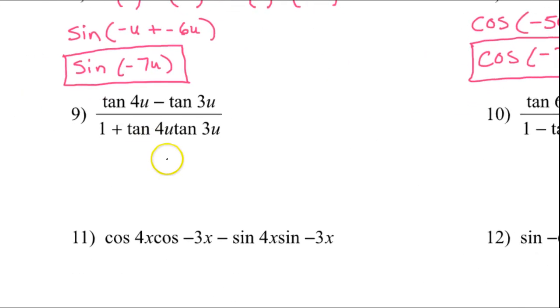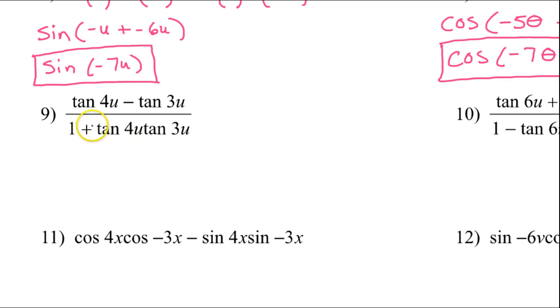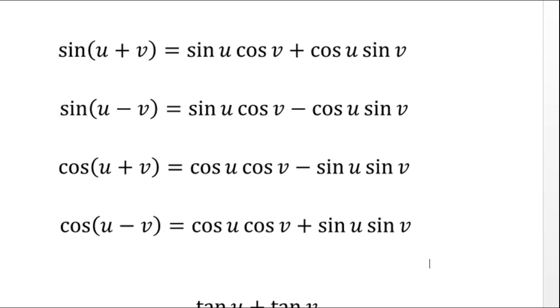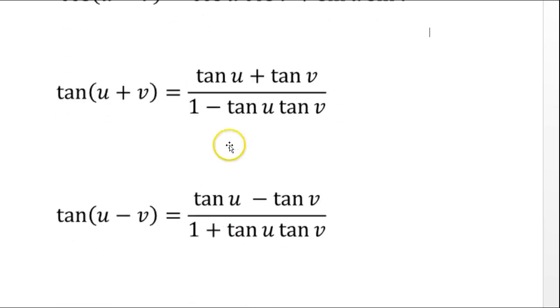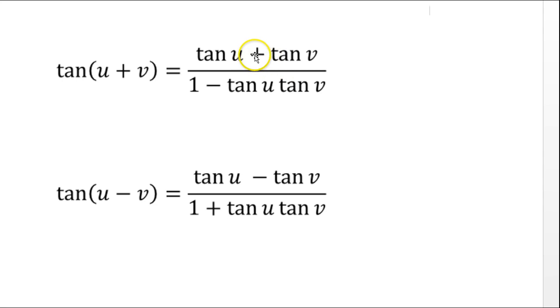Okay, how about number 9? Well, we have tangent this time, so it should be pretty easy to spot. Alright, so the sign of the numerator is going to match. So if I see a plus, I know it'll be tangent of angle plus angle. If I see a minus right here, I know it'll be tangent of angle minus angle.